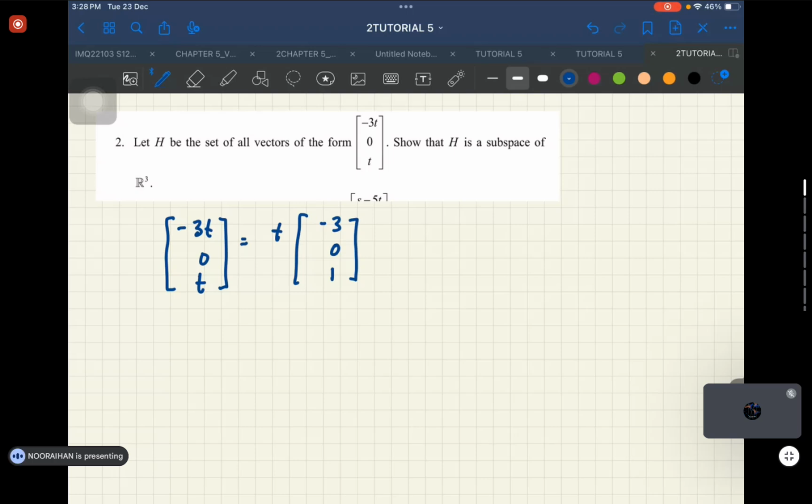So what can you conclude from this manipulation of the vectors?